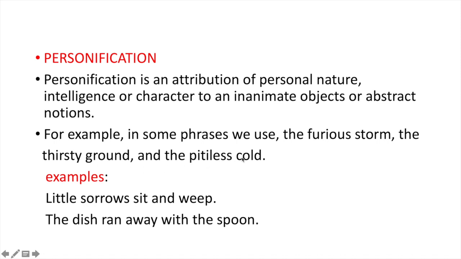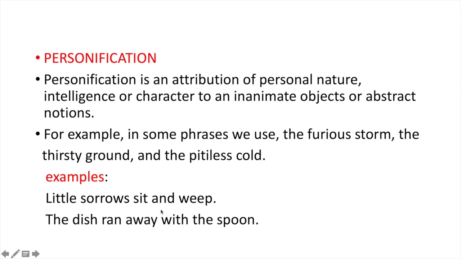So these words, which are generally used to describe humans or their nature or their intelligence, are used to describe inanimate objects or abstract ideas. In very simple words, we can say personification is when the qualities of living beings are used to describe non-living things or abstract notions. It will be more clear with an example.